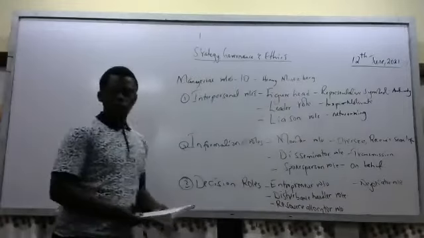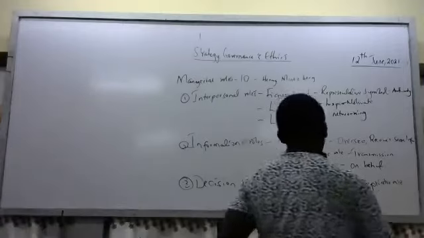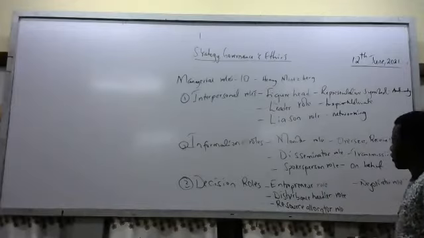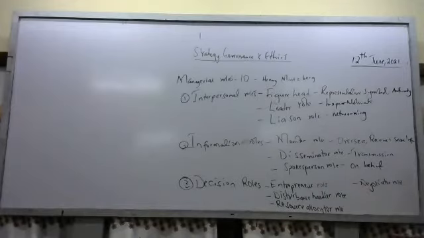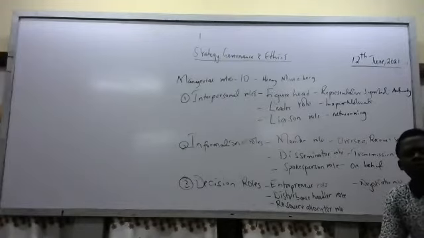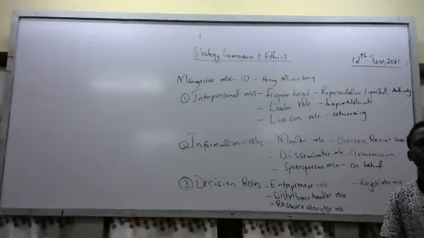So what is this? When you talk about the entrepreneur role, what are we talking about? What is entrepreneurship? Entrepreneurship is the process of combining resources to create wealth and job opportunities for others. Who's supposed to do that? Who starts the organization? Who leads the organization? Who ensures that there's productivity?